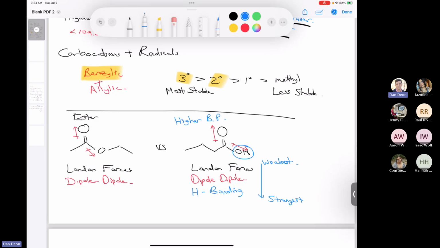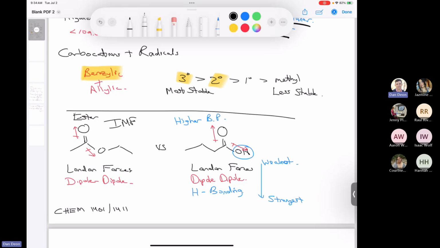Besides these intermolecular forces, you might remember in general chemistry, so if you took general chemistry at UCCS, it would be chemistry 1401 and 1411, you actually talked about more intermolecular forces than the ones that are shown here.